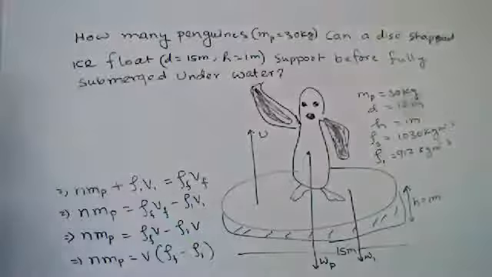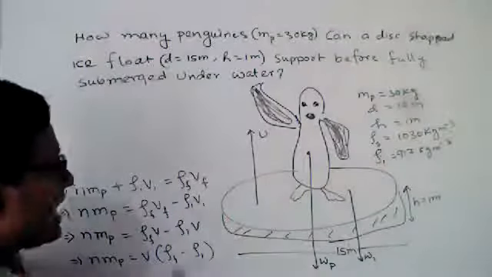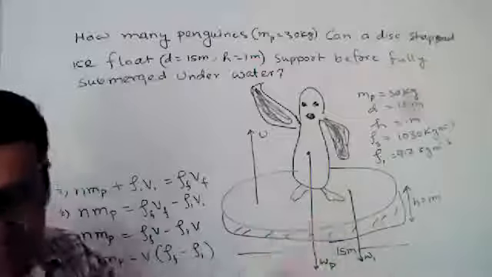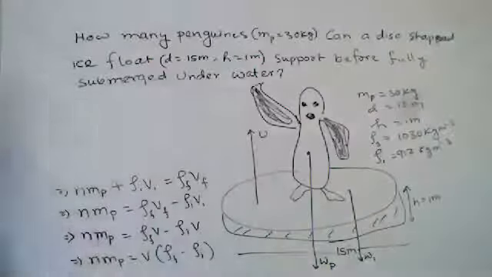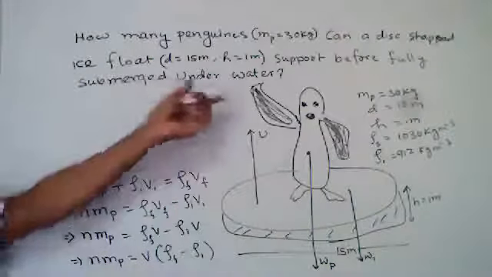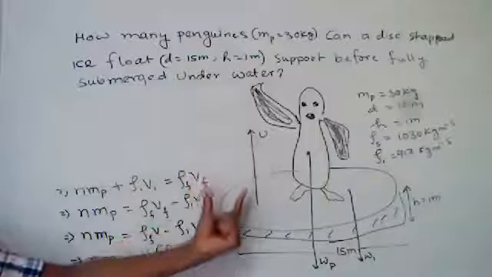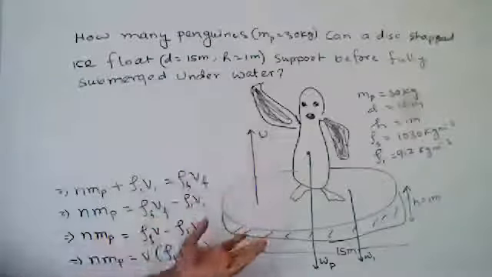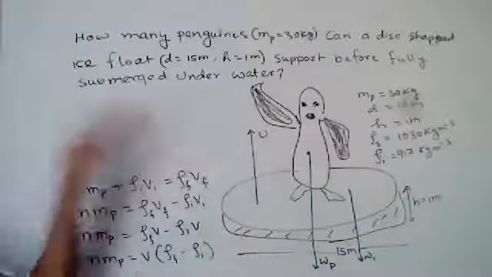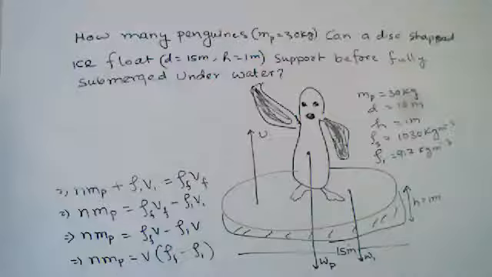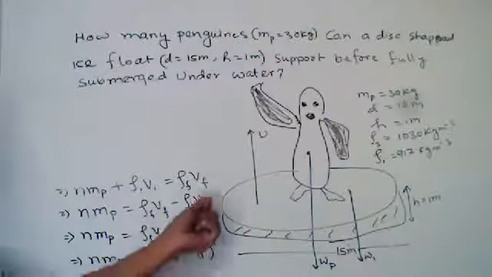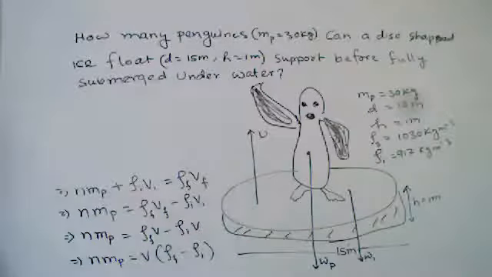Sir, how did V come from VI? The ice is fully submerged into the liquid, so the volume of the ice and the volume of the displaced liquid will be the same. So VF equals V and VI equals V. Understand?